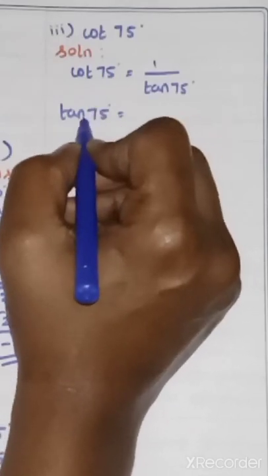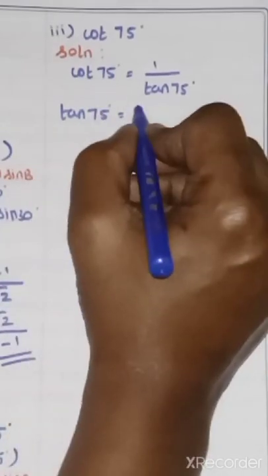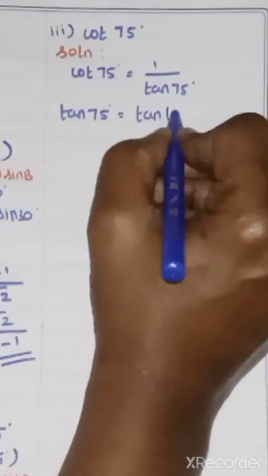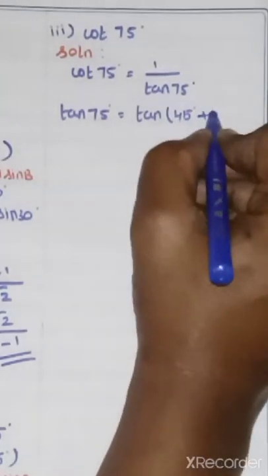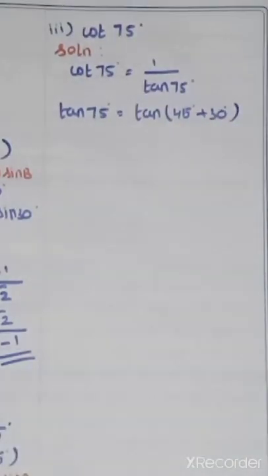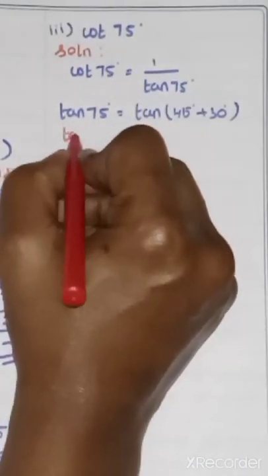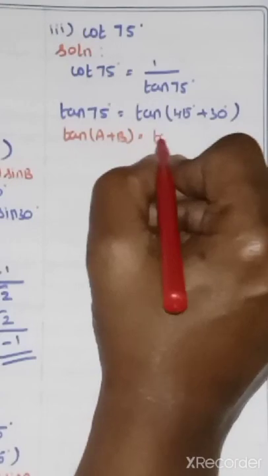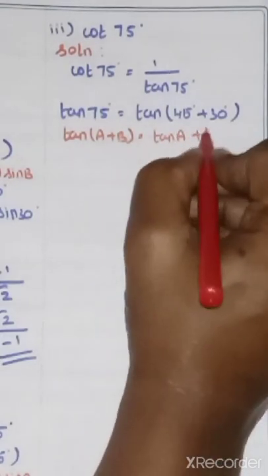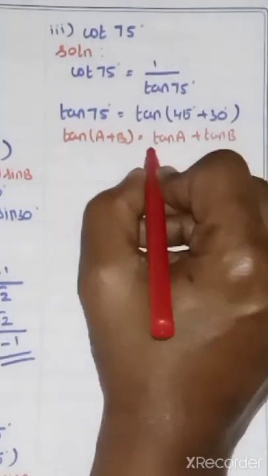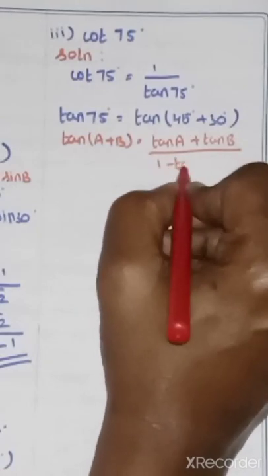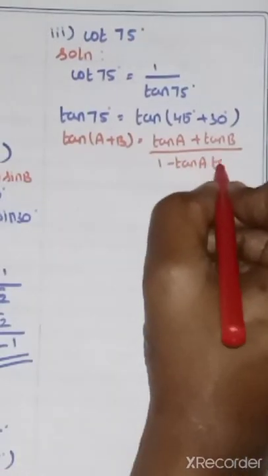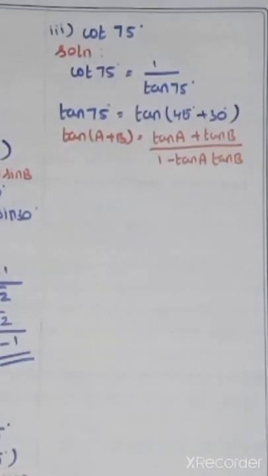How can we split 75? 45 plus 30. So tan of 45 degree plus 30 degree. What is the tan(A plus B) formula? Tan(A plus B) equals tan A plus tan B by 1 minus tan A tan B. This is your formula, right?